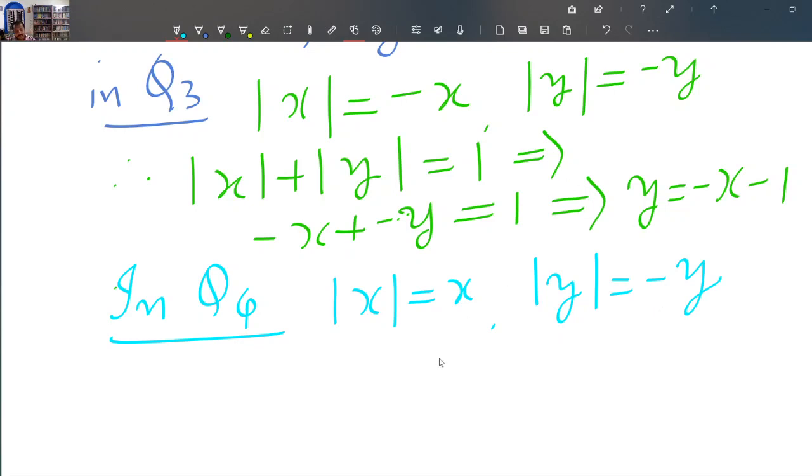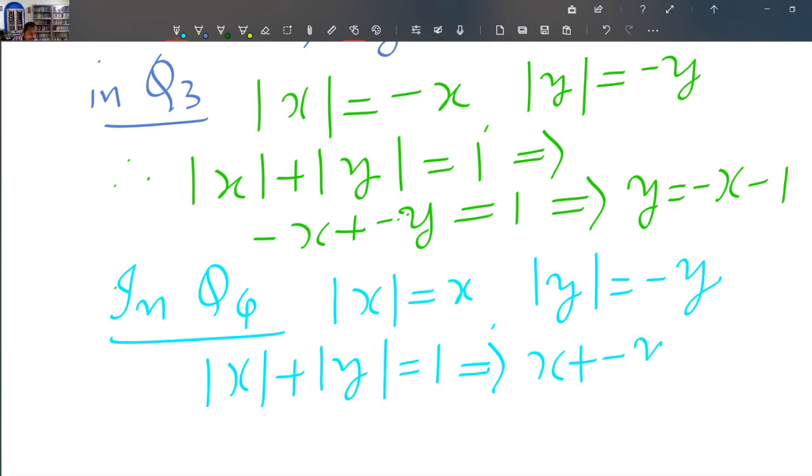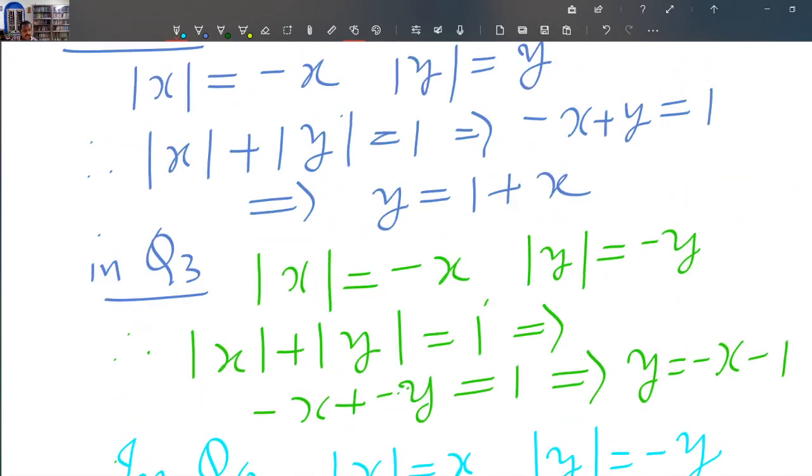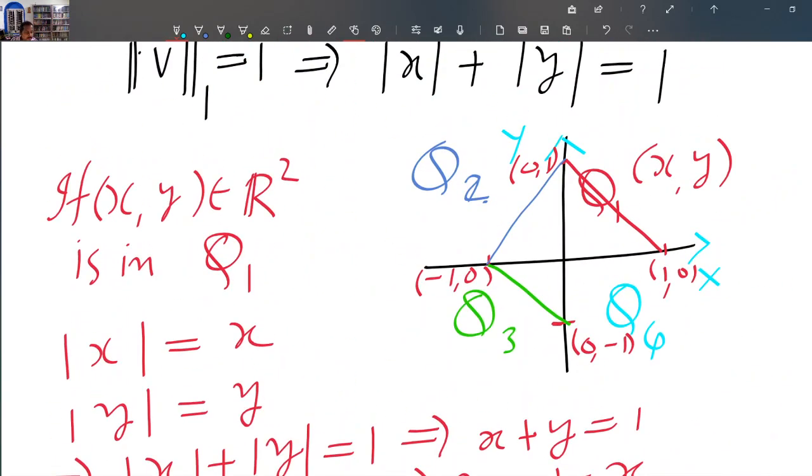Therefore, modulus of x plus modulus of y equal to 1 implies x minus y equal to 1, and that will imply y equal to x minus 1, and you are getting this line segment. So we'll draw it very neatly.